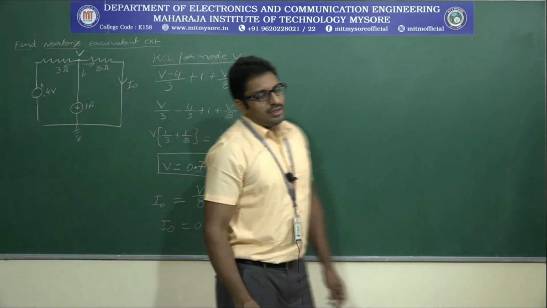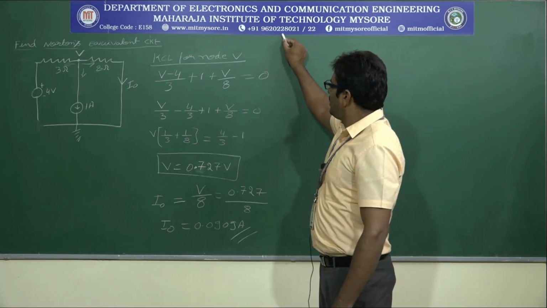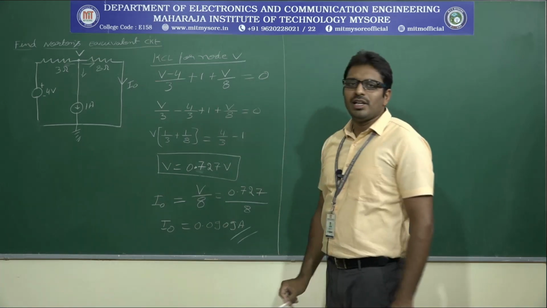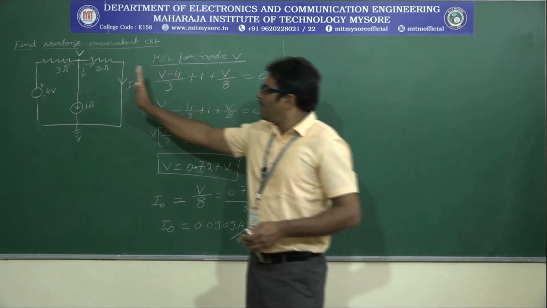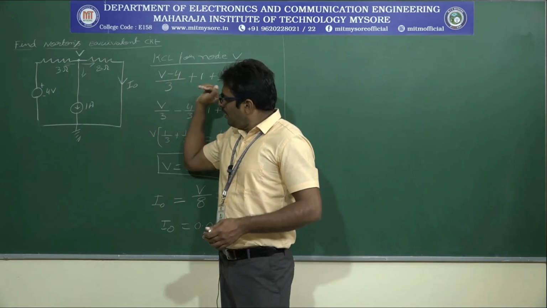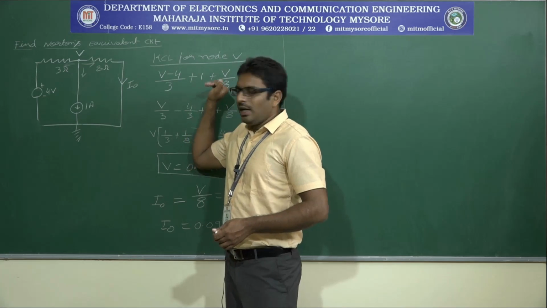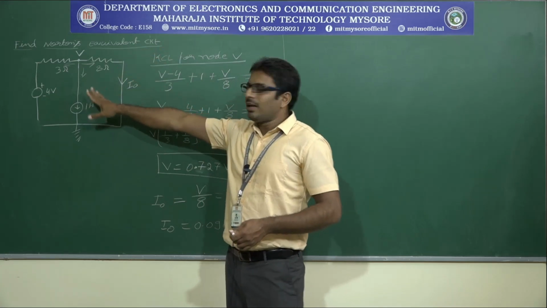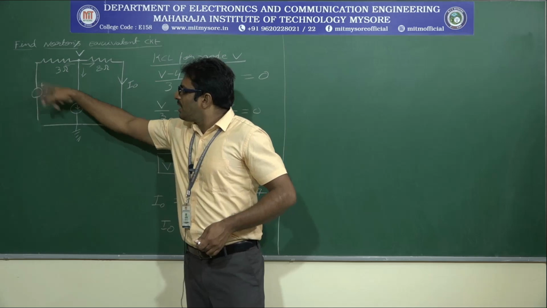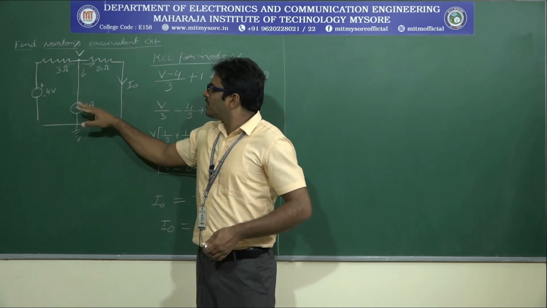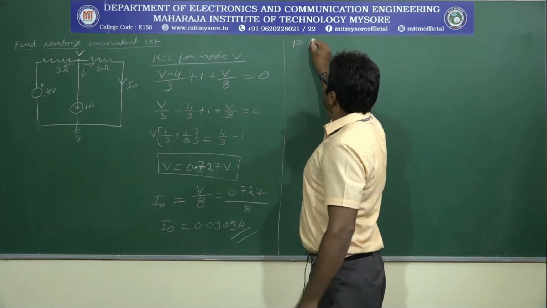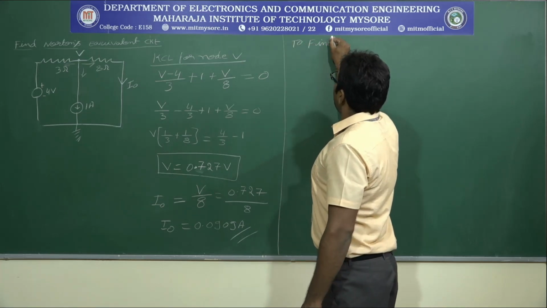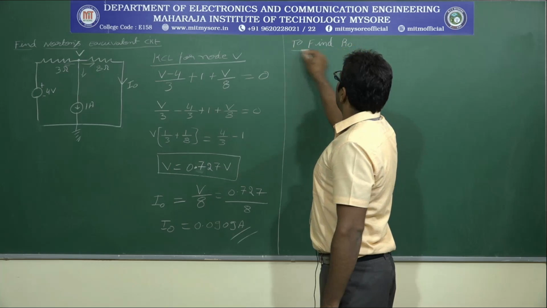Now, just find out Norton's resistance. It is just the same as Thevenin's resistance. How to find out Norton's resistance? Remove the load terminal and view from the load end into the circuit, replacing all voltage sources by short circuits and current sources by open circuits. Then to find R naught, what will be the circuit?